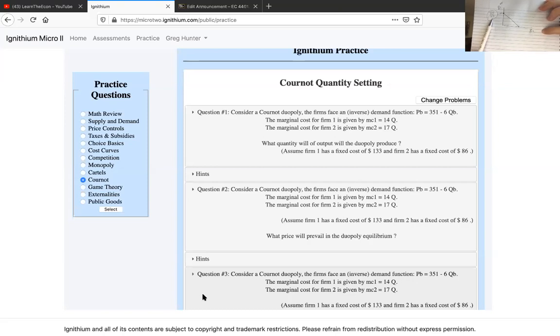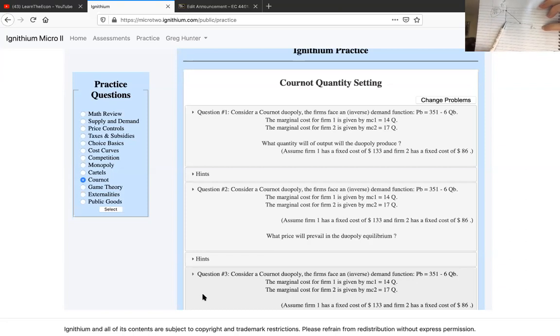Well, if Q2 produces 0, then there's only one firm left in the market. So that would be the monopoly quantity of output. If all the market's left for firm 1, firm 1's going to behave like a monopolist. And that's the monopolist quantity of output.